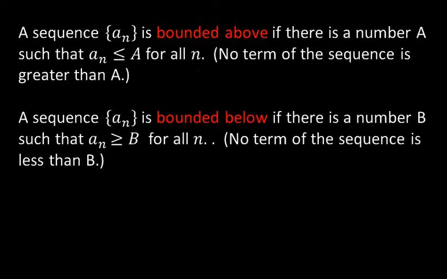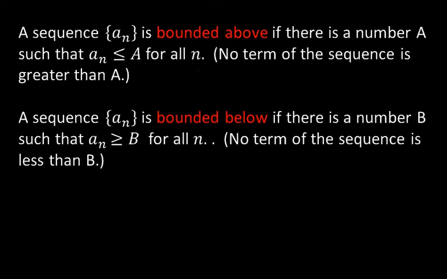This is the second part of the lecture on sequences, section 11.1. We start with two definitions, and these are ones you have already had concerning functions. When functions are bounded above or bounded below, the definition for bounded sequences is really just the same.